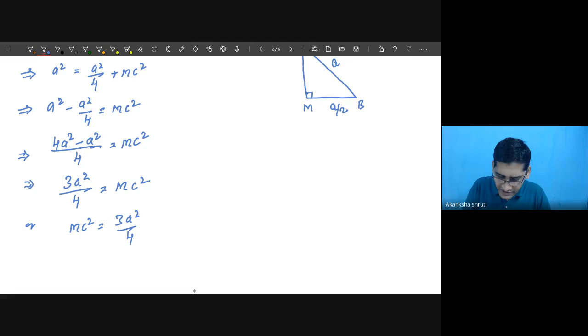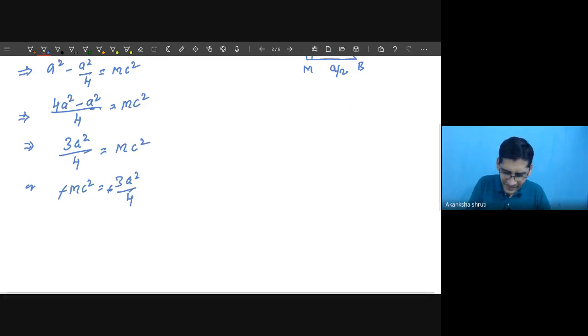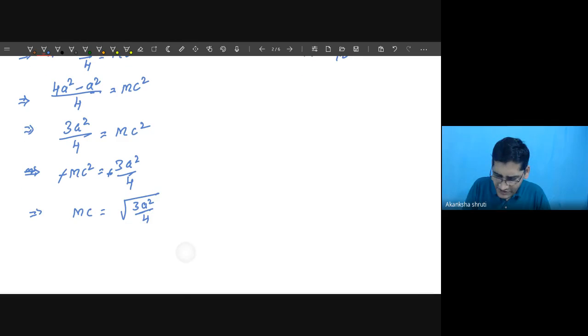How? This is shifted to the right hand side, so a minus will come here, and this is shifted to the left hand side, so a minus is there. Both of these minuses get cancelled. So it simply means MC is equal to how much? We need to take the square root of 3A square by 4. How much is this?